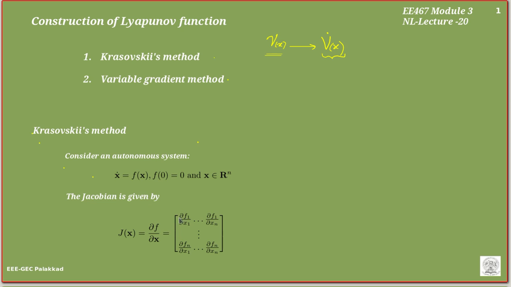Then we know the Jacobian of this system. We know how to form the Jacobian of this system, which is this matrix, dou f1 by dou x1 up to dou xn, and you have been doing this a lot for analyzing systems. So now I have x as an element of R^n, and x dot is equal to f of x.